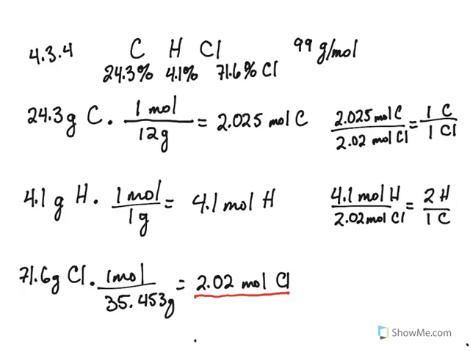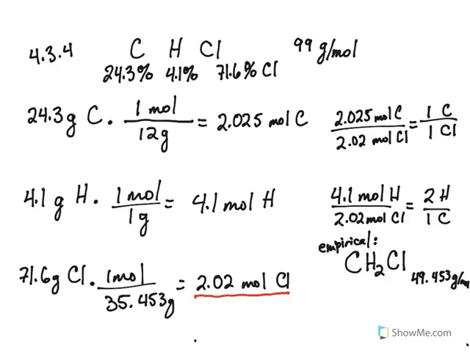So our overall empirical formula, remember we're looking for the molecular formula, the empirical formula is going to be CH2Cl. Now, when I add up the molar mass of the empirical formula, it comes out to be 49.453 grams per mole.